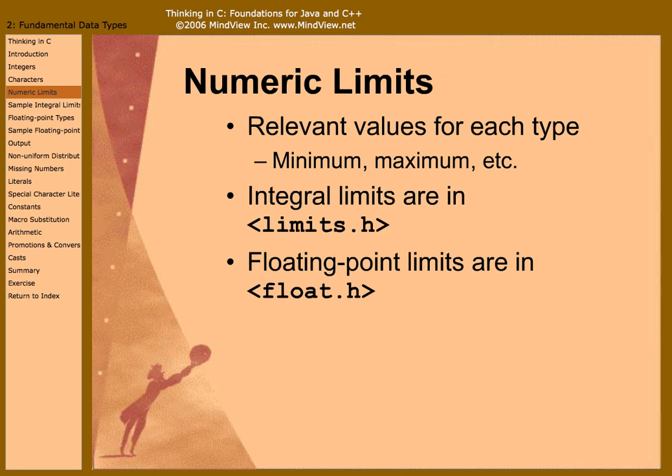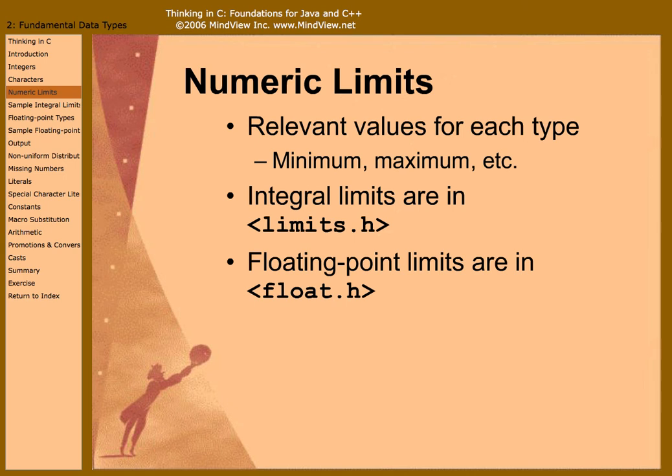But again, the fact that it is a systems programming language means that in some ways it's more system-friendly than it is programmer-friendly. Now, that's not true to a large degree, but it certainly is true with the underlying numeric types. And so I can't tell you a universal value for the largest integer and the smallest integer. It differs from platform to platform.